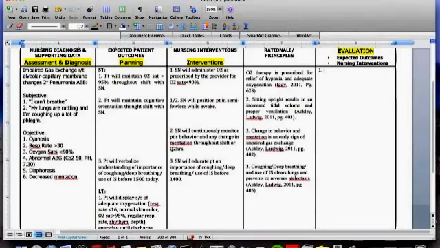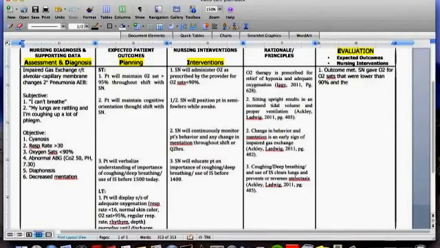So over here in my evaluation, I'm going to say my outcome was met. Outcome met. And how was it met? Well, student nurse gave the oxygen for O2 sats that were lower than 90%.